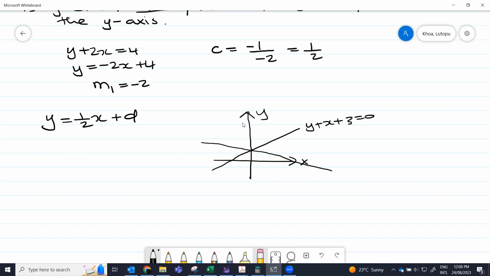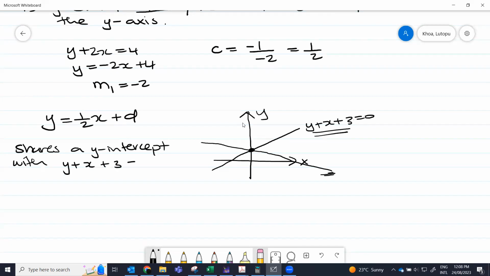So it meets this line on the y-axis. It means the y-intercept of this line is the same as the y-intercept of that line. So it shares a y-intercept with y plus x plus 3 is equal to 0.